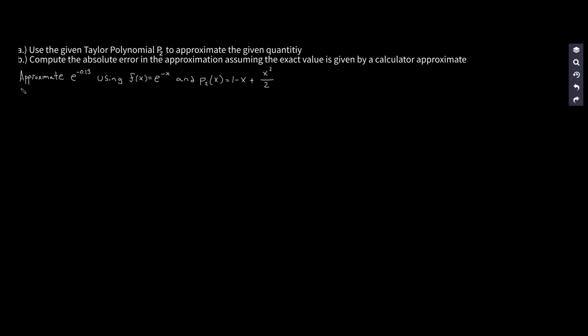So we're approximating e raised to the power of -0.13 using f of x equals e raised to the power of -x and p sub 2 of x equaling 1 minus x plus x squared over 2. So let's work on part A first.